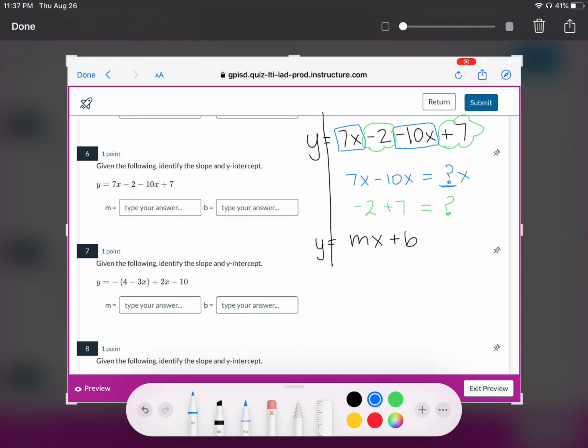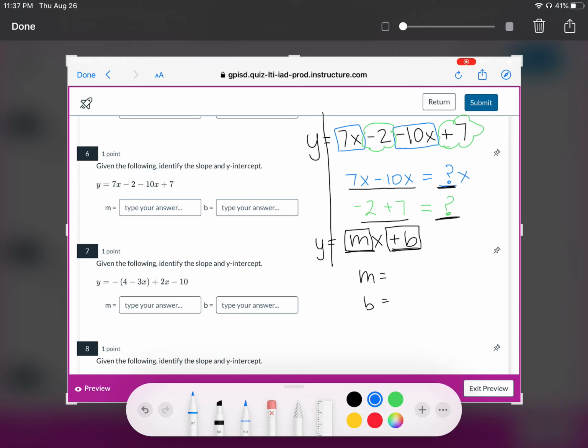Once again, I'm about to write the incorrect answer. I'm only writing this to see who's paying attention. If you figured out what 7 minus 10 is and what negative 2 plus 7 is, you can figure out what m and b is. M is the number in front of your x. B is the number all by itself.